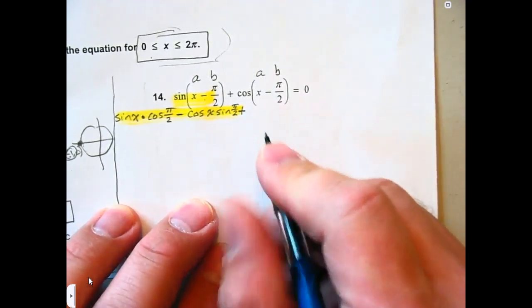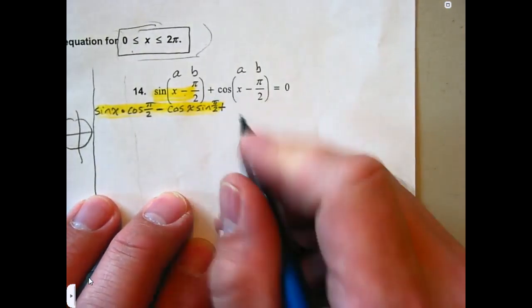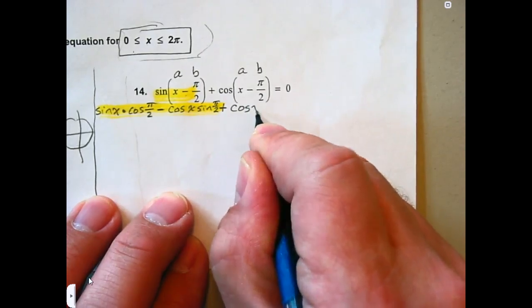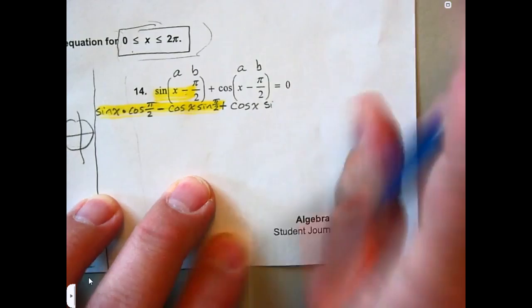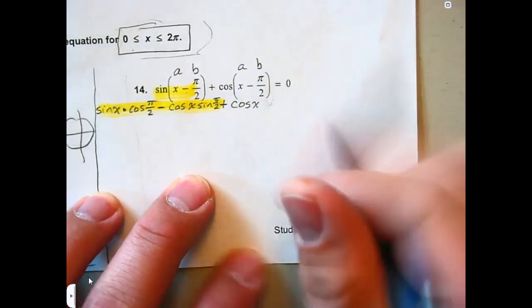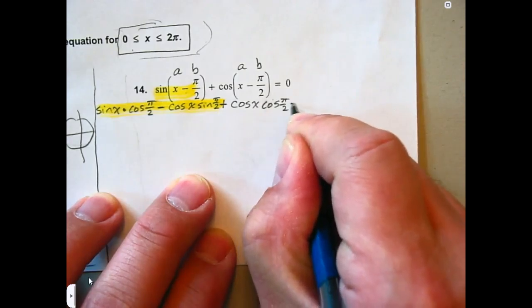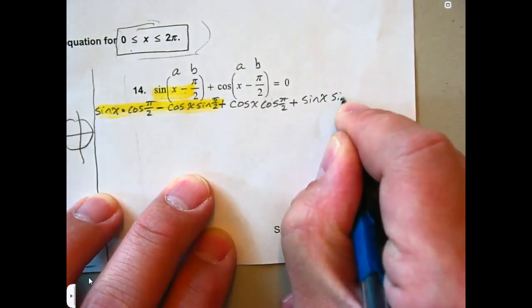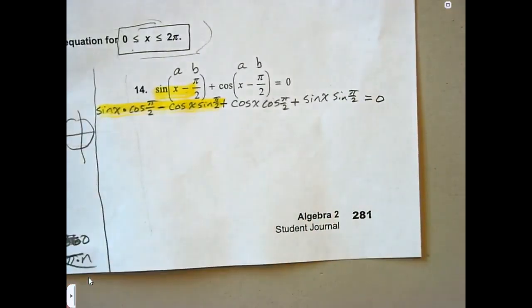I remember our first problem. Cos x cos pi over 2 plus sine x sine pi over 2 all equals 0.